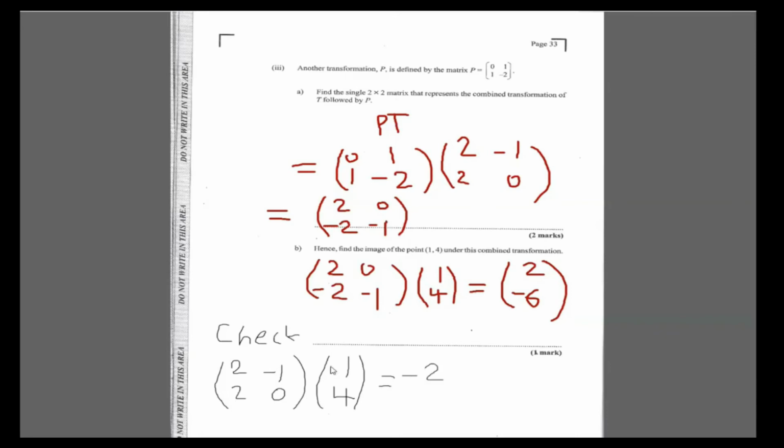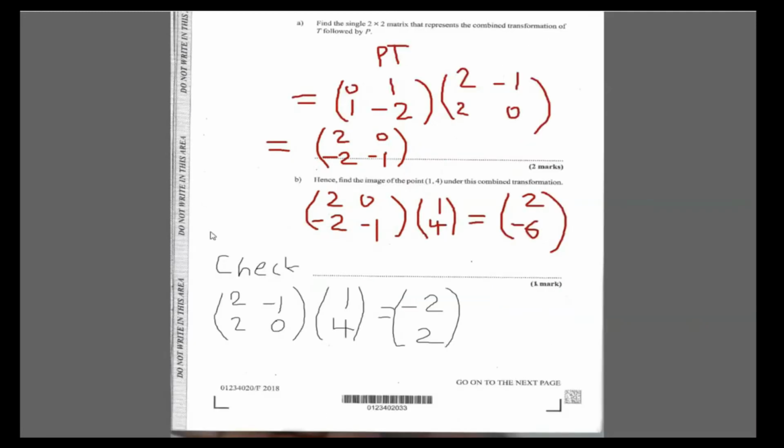And then row by column, that's 2. That's (negative 2, 2). And then (negative 2, 2) must undergo P now afterwards. Just checking if we're right. P is 0, 1, 1, negative 2.